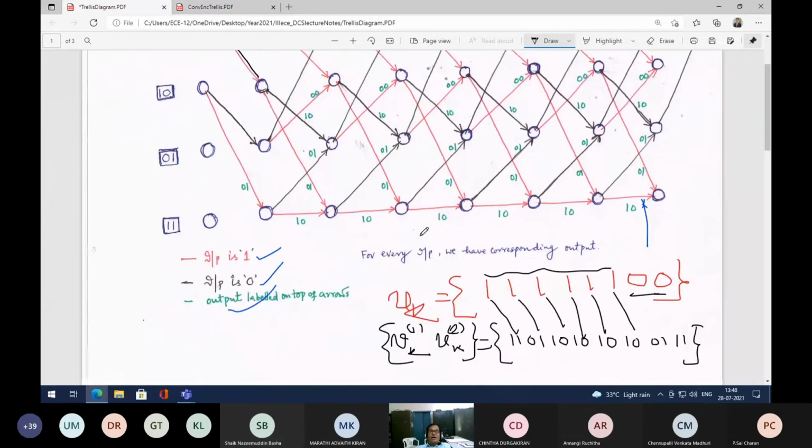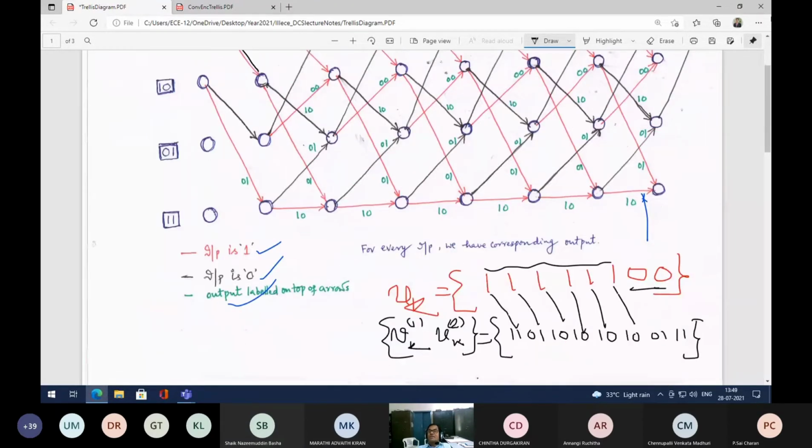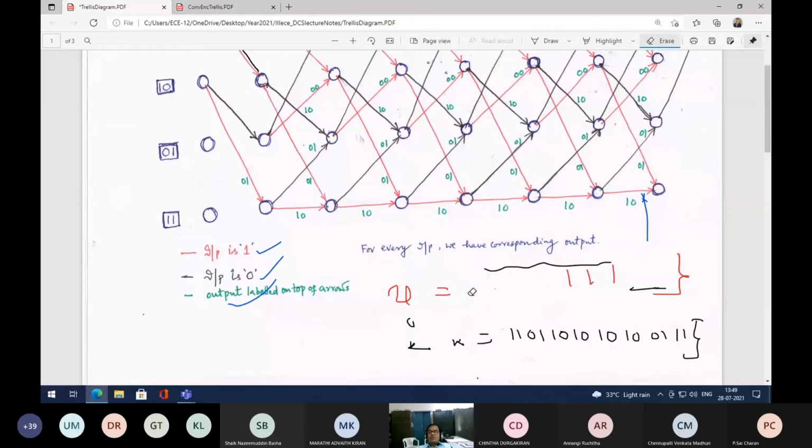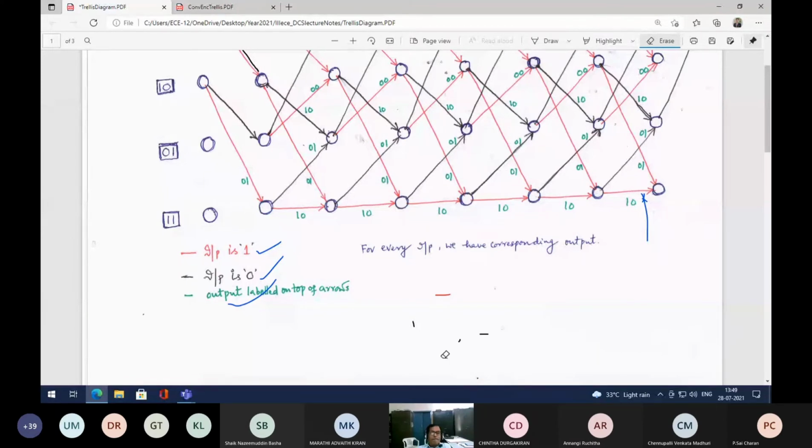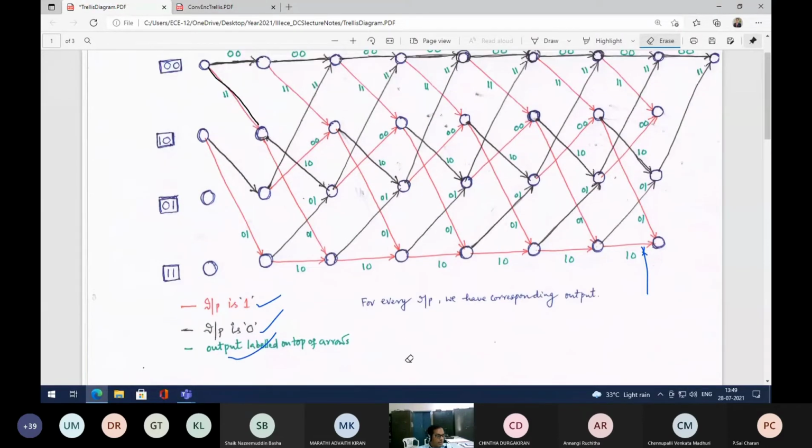Now, I'll take another, different input. Tell me what the corresponding output is.